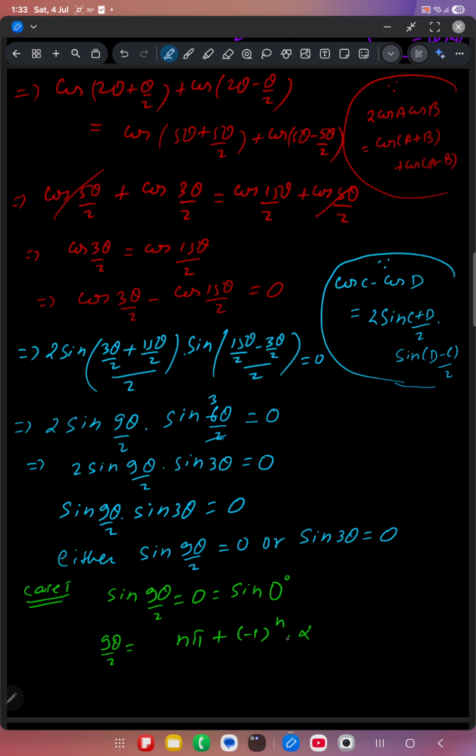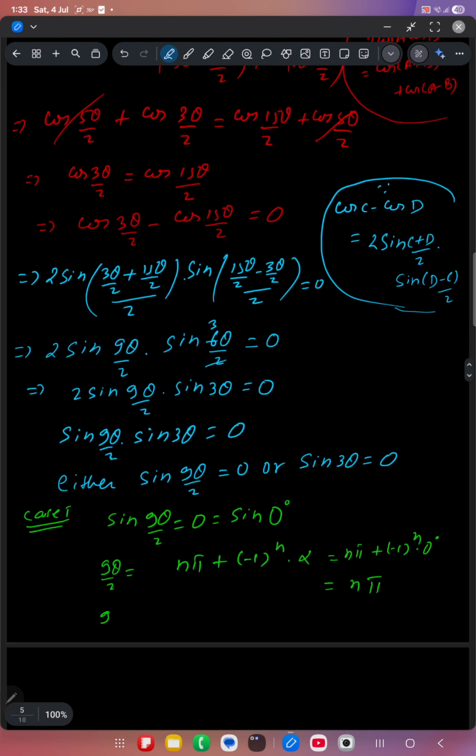Here alpha is how much? In our case alpha is 0, n pi plus minus 1 power n into 0 degree. So finally you will get n pi only, means 9 theta by 2 is equal to n pi.